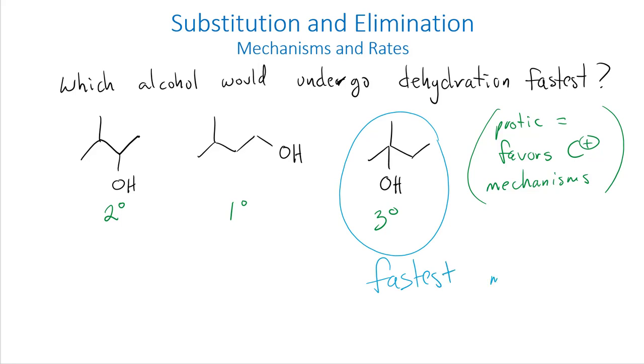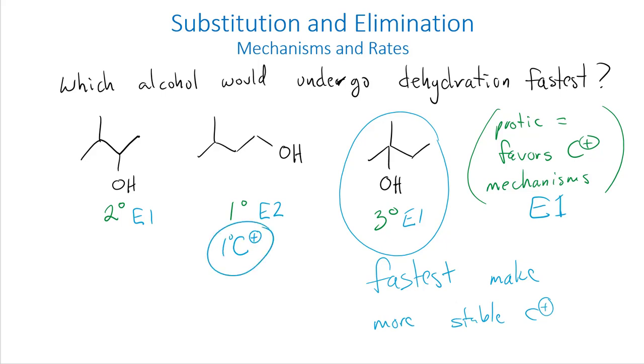again, because we can make the more stable carbocation intermediate. These conditions are favoring E1, and the rate limiting step is the formation of the carbocation. Now it's worth noting that the tertiary and the secondary are both going to go E1. The primary would still go E2 because we don't want a primary carbocation.